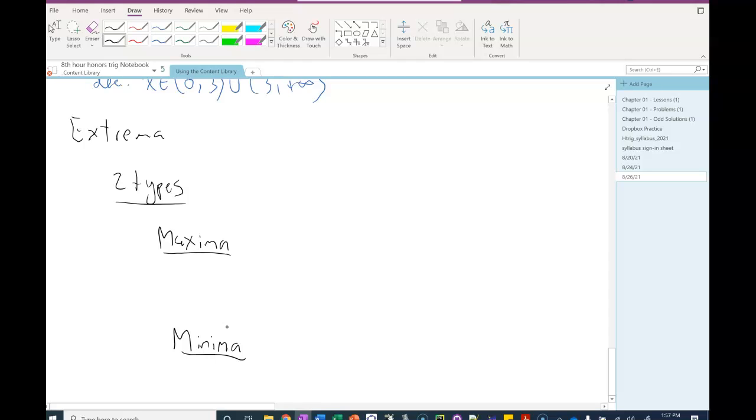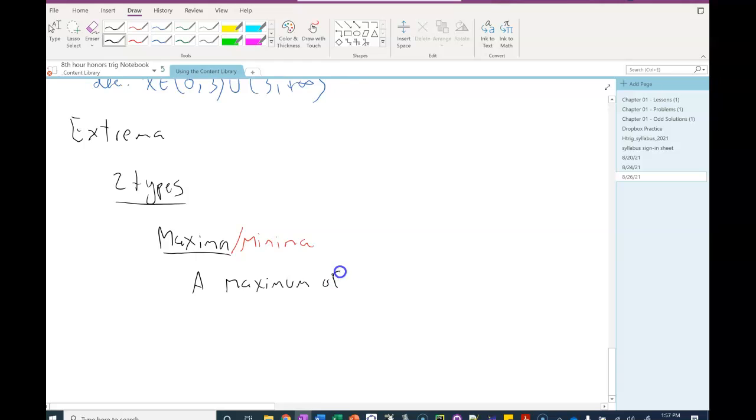So we say that a maximum, actually I'm going to do it this way. We'll color code my definition because most of the words are identical. So I'll do the maximum first, and then I'll write above it in red the words that change for the minimum.